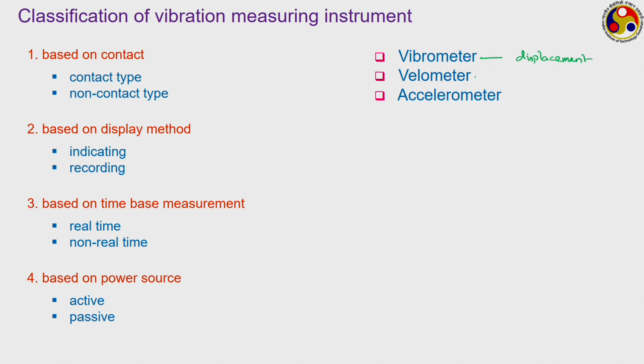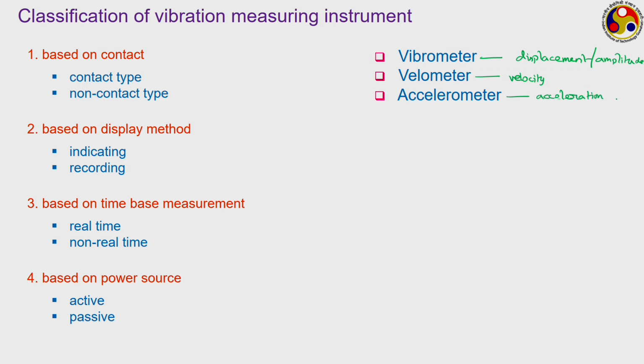And with a small modification of the vibrometer, mostly in the calibration scale, the same instrument can be used to get a direct reading of the velocity, and then we do not call it a vibrometer, we call it a velometer. So, the vibration amplitude or displacement is given by a vibrometer, whereas when we get the vibration velocity, then we call it a velometer. And as the term accelerometer suggests, it is the one that is used for measurement of acceleration.